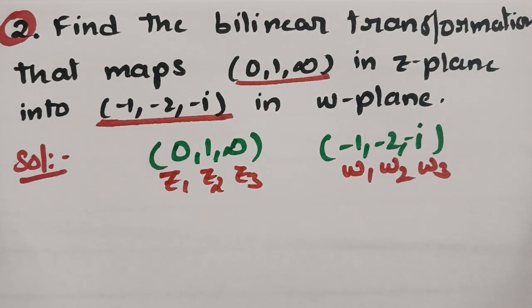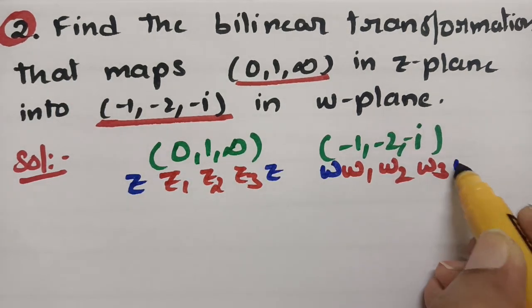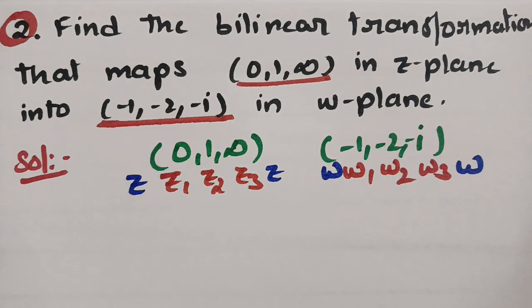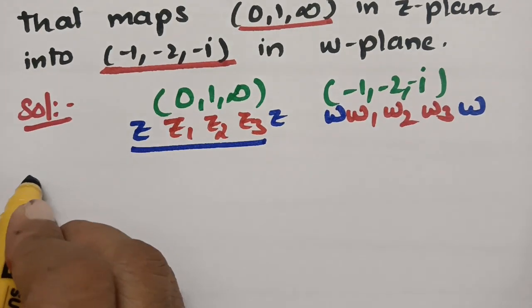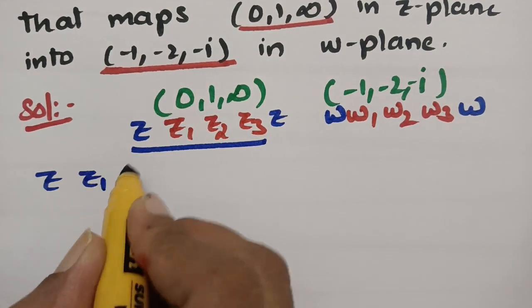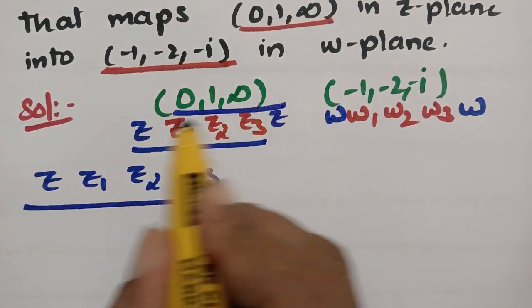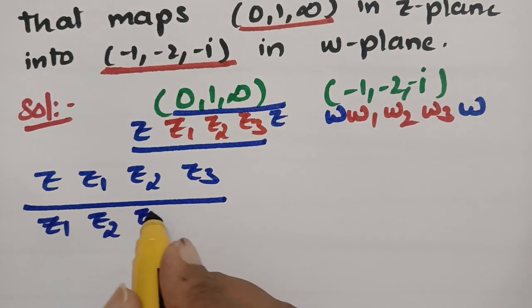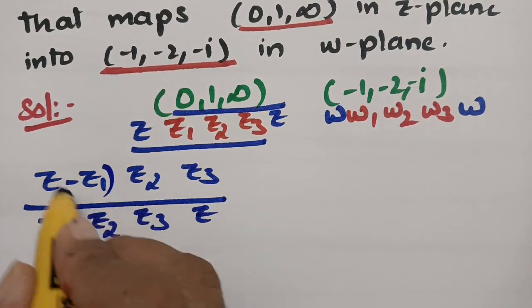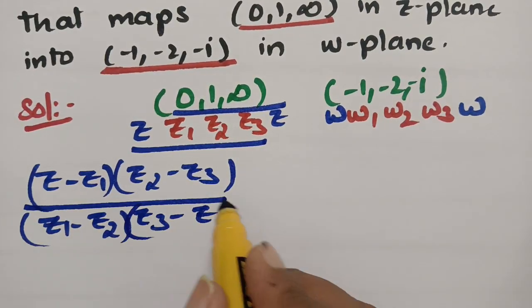And see, in order to remember, please add Z on both sides and W also on both sides. So how to remember this formula? We have to consider the first 4 points in the numerator, that is Z, Z1, Z2, Z3. In the denominator we have to consider the next 4 terms, that is Z1, Z2, Z3, and Z. This is the unique bilinear transformation formula from the textbook itself.